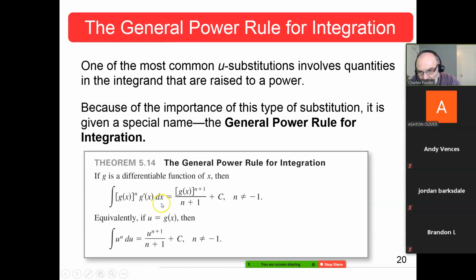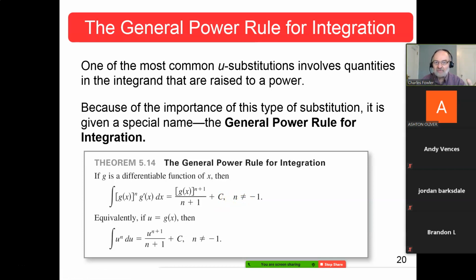So there's your du, and this is u to the nth power. So what you get is g of x raised to the n plus 1 power over n plus 1, just like we've always done, plus c. Now this only works when n is not equal to minus 1.